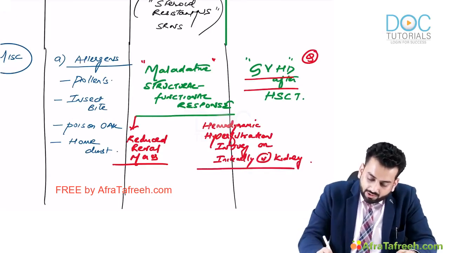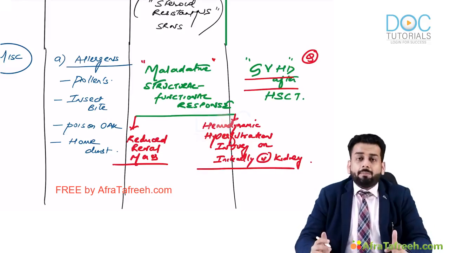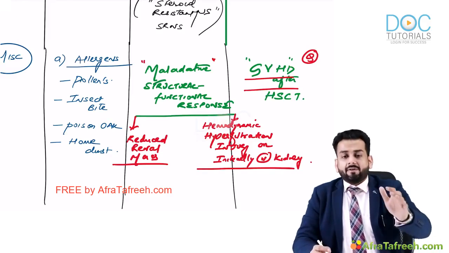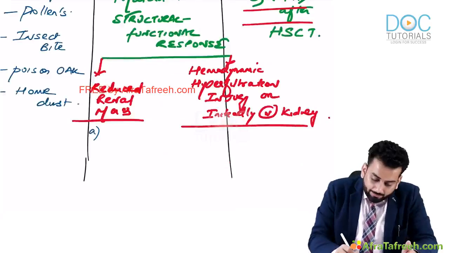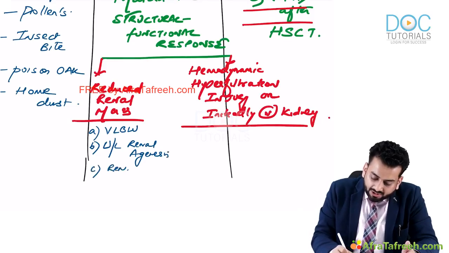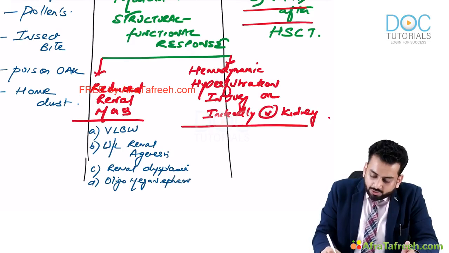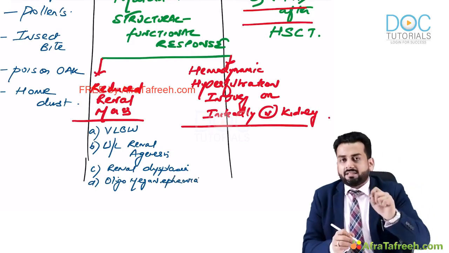So if you have a reduced nephron number or reduced nephron mass, as a maladaptive response of the kidney, you can have FSGS. Like if there is a patient of very low birth weight, if there is unilateral renal agenesis, if there is renal dysplasia, if there is oligomeganephronia. So there are reduced nephron numbers here, and that is why the patient is having this.